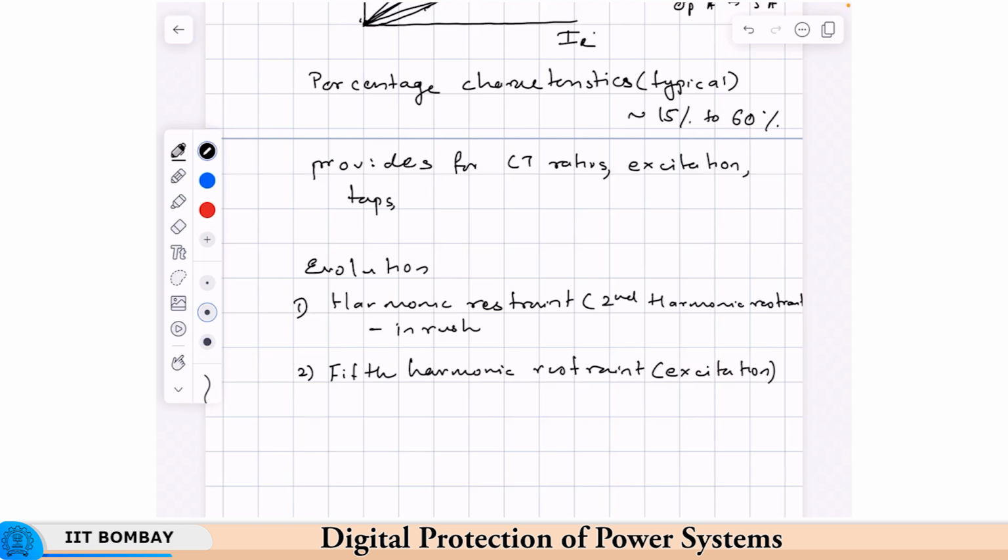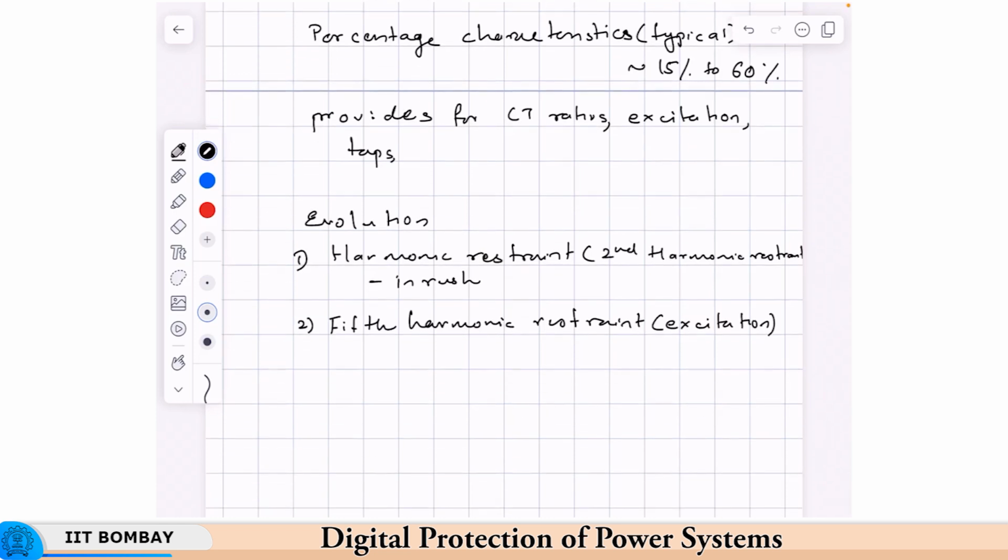So, if we could provide a restraint based on that. Third harmonic is also present, by the way, which is about 26%. But the problem with the third harmonic is, if there is a delta connected transformer, then it may flow only inside the windings of the delta, and you may not sense it to provide restraint. So, it is better to provide fifth harmonic restraint.